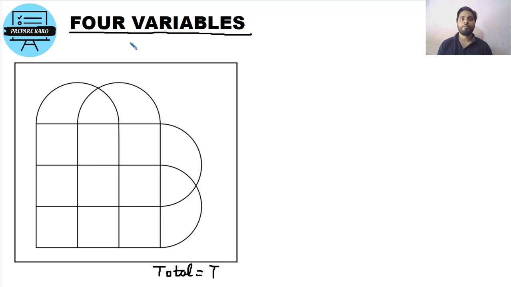How many regions will there be? Variables are 4, so regions will be 2 raised to the power 4, which is 16. There is variable capital A, capital B, variable capital C, and the last variable capital D.